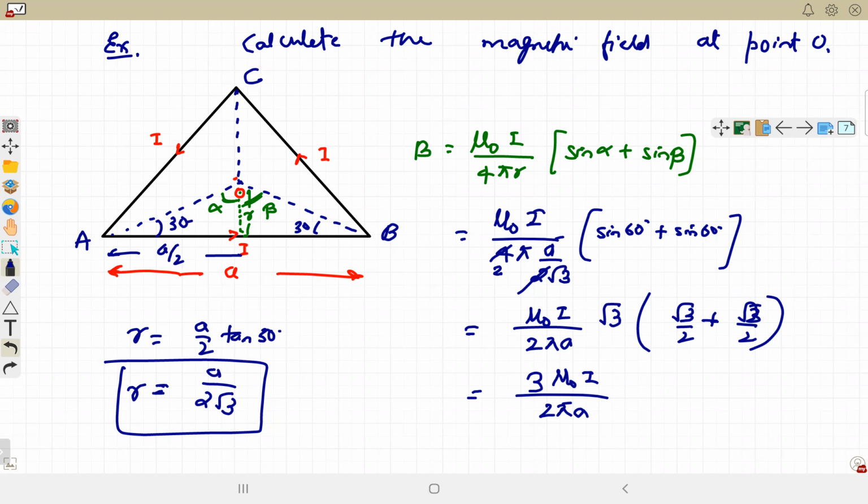Use that right hand palm rule. Meher. Use your right hand palm again, place it in the direction of current and then stretch your palm towards point O.